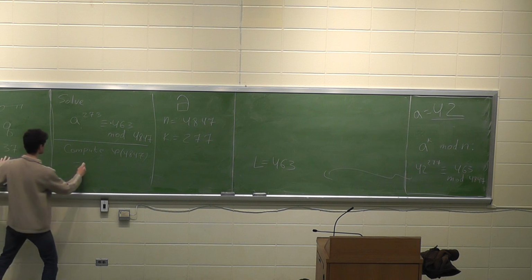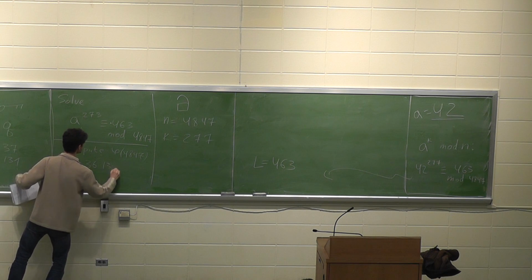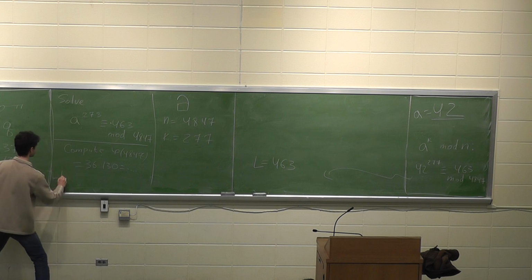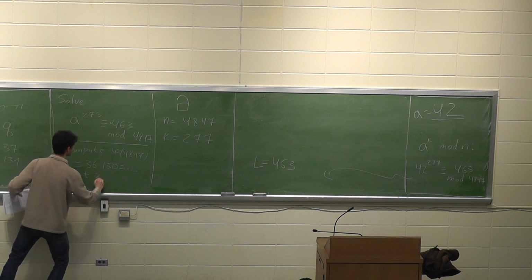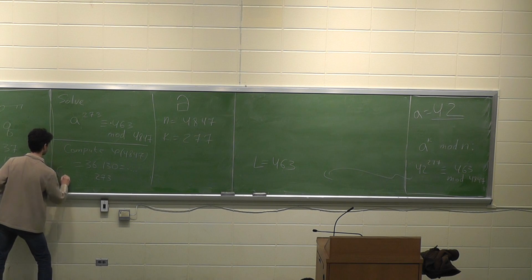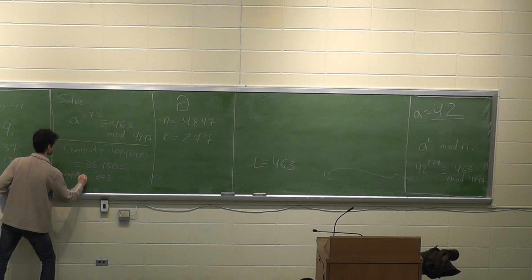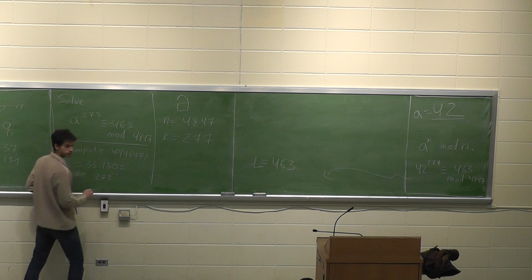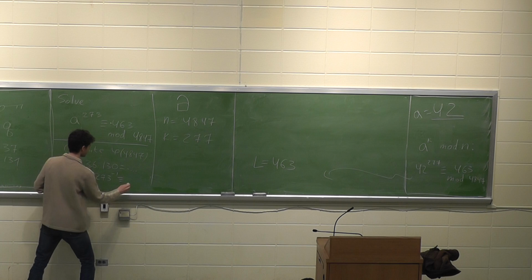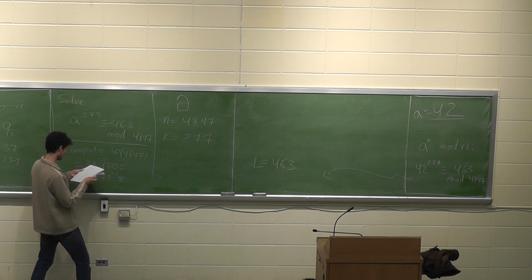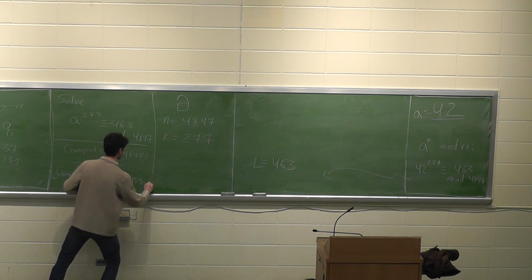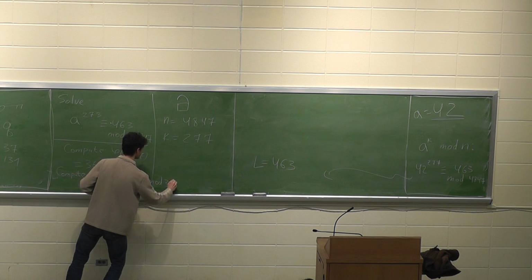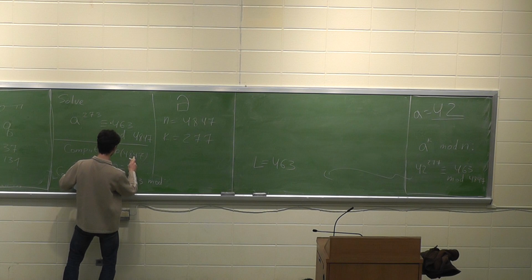So it turns out phi is 36 times 130. Invert this number, 277, so compute. So the inverse of this number is something, 1, 4 plus 3, modulo phi of n.